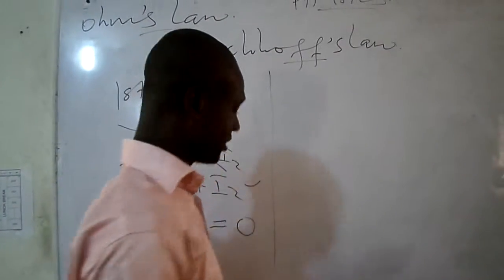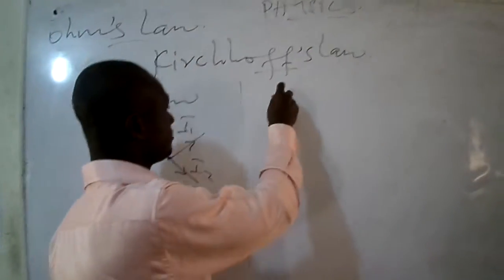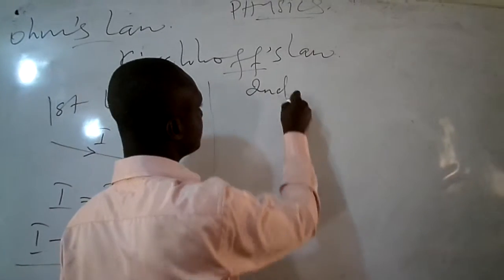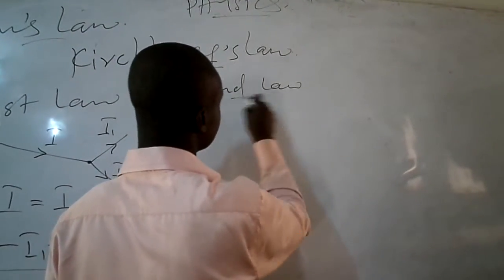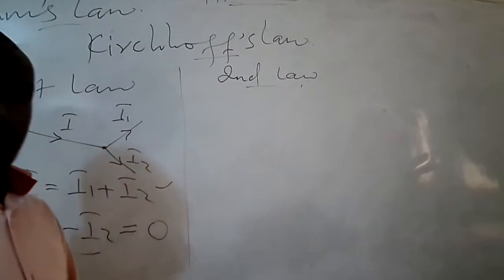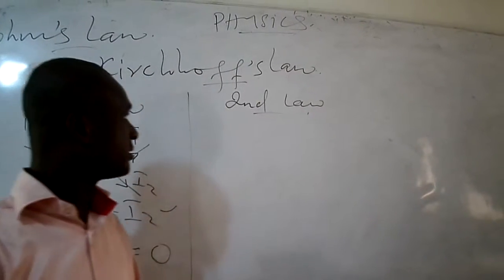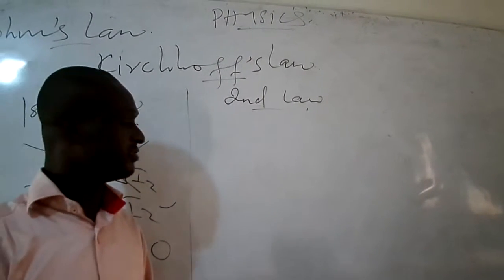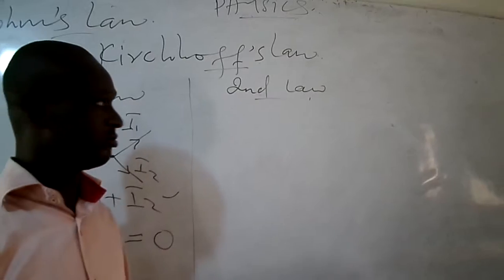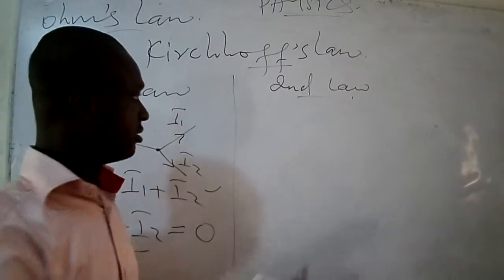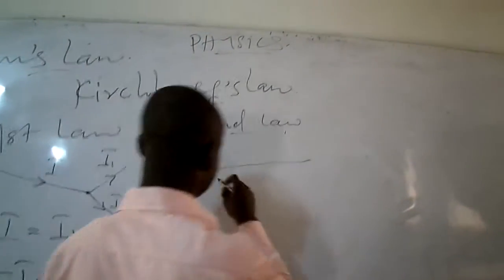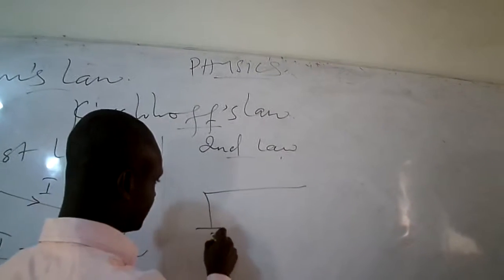Let's also talk about Kirchhoff's second law. It states that the algebraic sum of EMFs in a closed circuit is equal to the algebraic sum of PDs around that particular circuit.